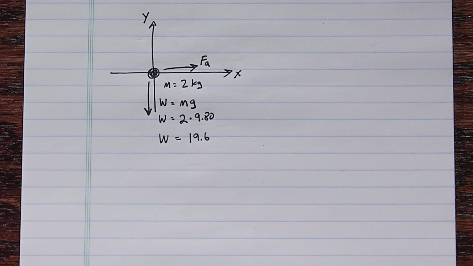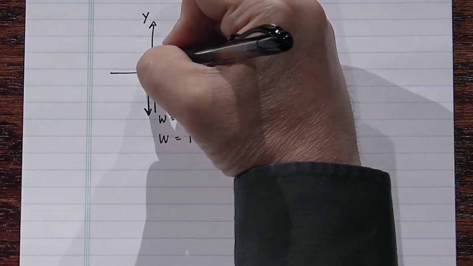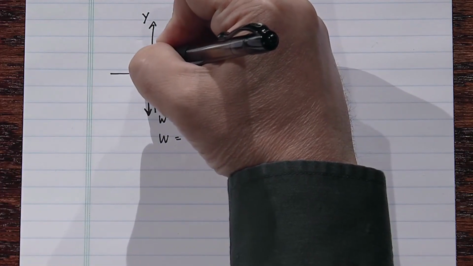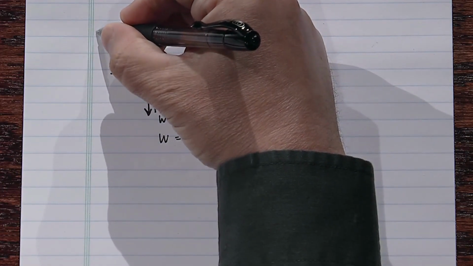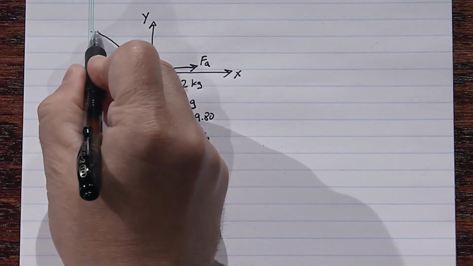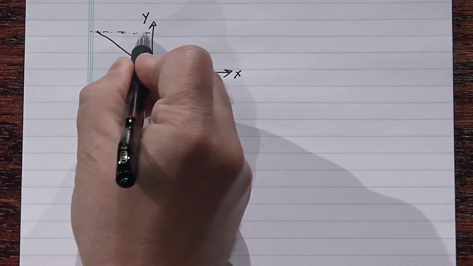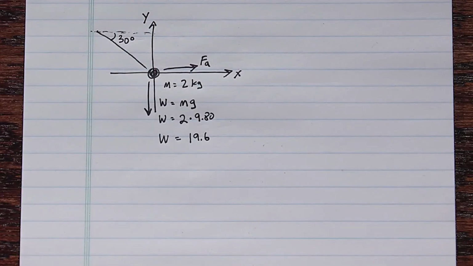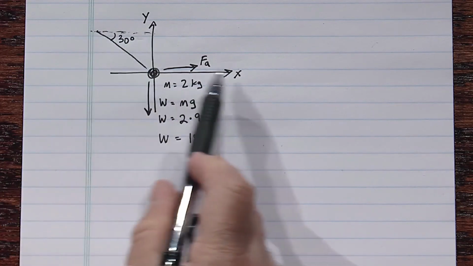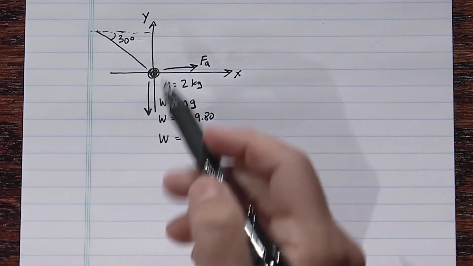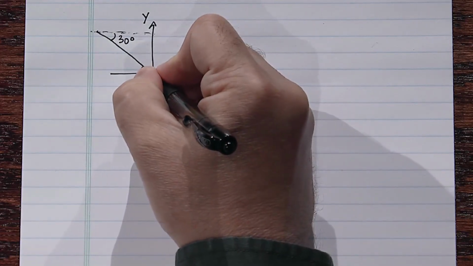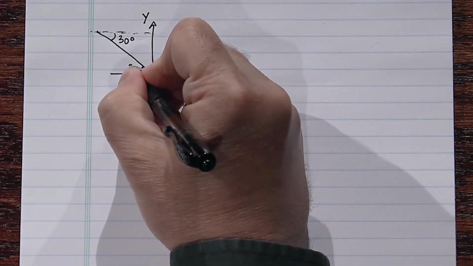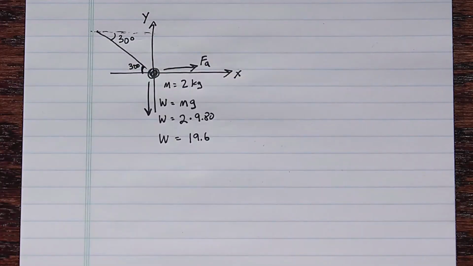Now there is one more force to consider here, and that is the tension of the string. I will draw the string in. We were told that the string makes an angle of 30 degrees with the ceiling. Since the ceiling is parallel to our x-axis, this angle here will also be 30 degrees.